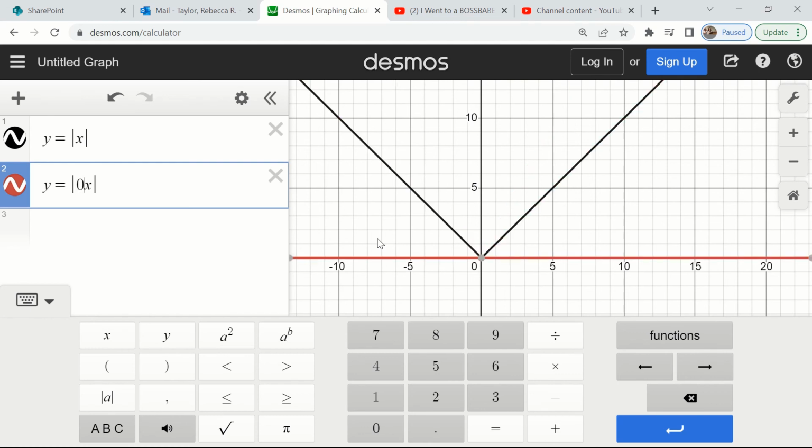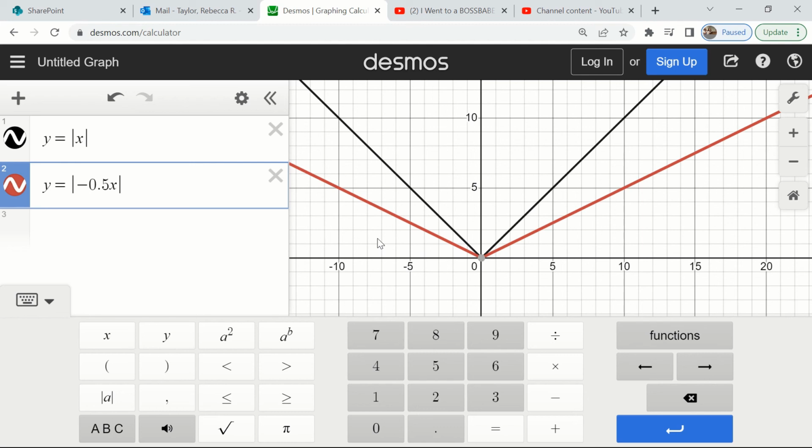Let's do a number less than 1. Now let's make it negative. When we did this before, it flipped it over, and you will notice now we do not have that reflection. That is because where we put the negative was inside the absolute value, and we know that absolute value is distance from 0, so there's no such thing as a negative result from an absolute value.